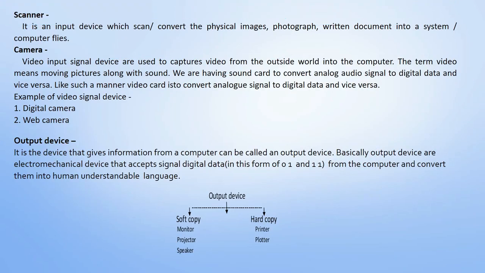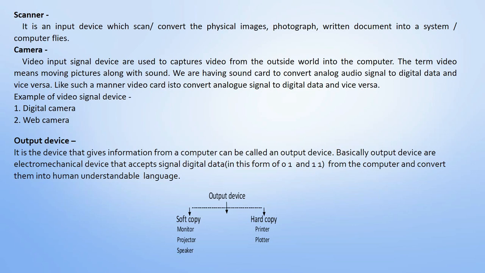So next is your output device. As you know that an input device is one type of device through which the user can pass the data or instruction into the system, and an output device is one type of device through which we are able to get the information or output. Okay. So now what do you mean by output device?